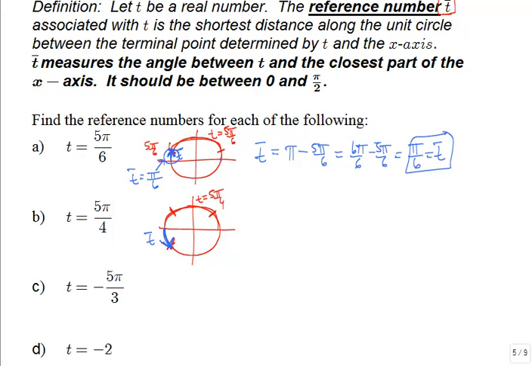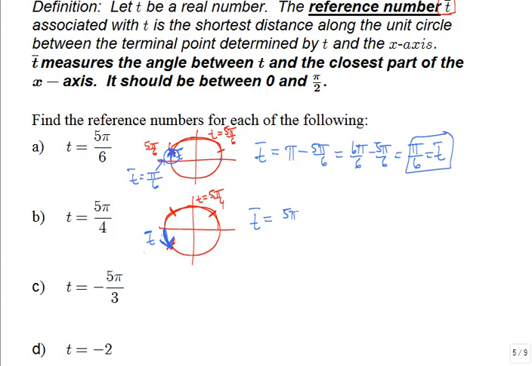That is our t-bar. To figure out how much that t-bar actually is, because it's not the entire 5 pi over 4, it's just this little distance right here, how could we figure out what just this little piece is? Well, you know that 5 pi over 4 goes beyond pi.